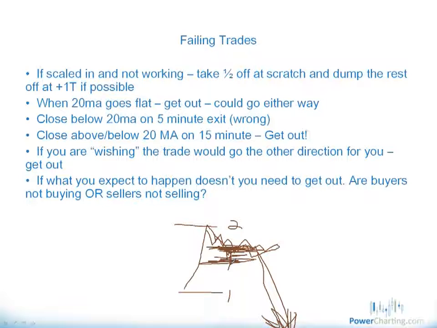But that's what I'm talking about: an entry where I get an initial entry, and then I have to do a scale in, and even after the scale in, the market's not cooperating and going back the direction that I thought it was going to go. It struggles up here near my area of entry. Then I'll look to just scratch that for +1 tick or even break even. Okay?